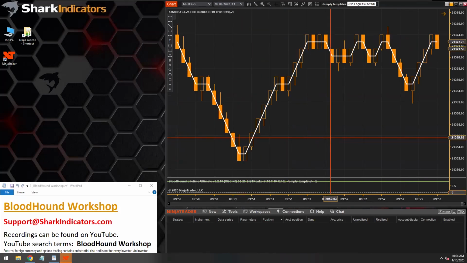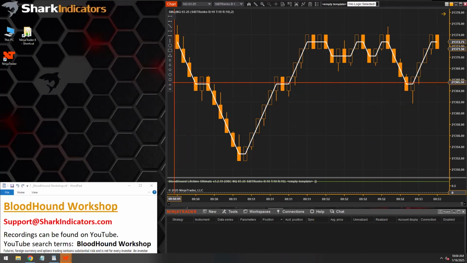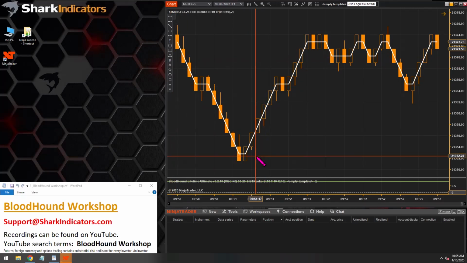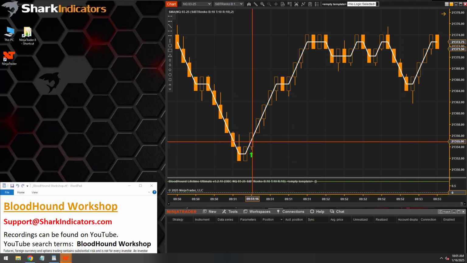All right, so I do have a chart set up here. It looks pretty darn close to that screenshot. Again, just to illustrate what the system requirements are: once the moving average angles up, right, so on this bar, going up, there we go, the SMA is angling up, so generate a buy signal.